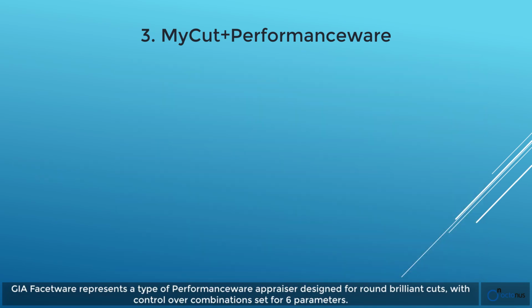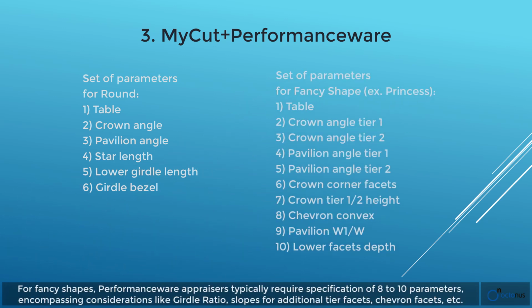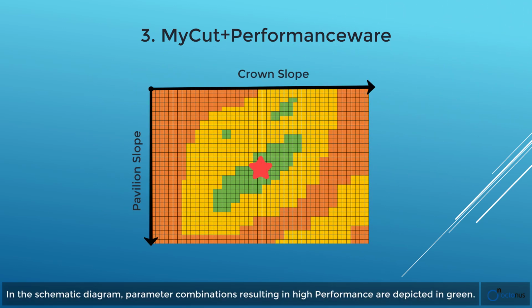GIA Facetware represents a type of Performanceware appraiser designed for round brilliant cuts, with control over combinations set for 6 parameters. For fancy shapes, Performanceware appraisers typically require specification of 8 to 10 parameters, encompassing considerations like girdle ratio, slopes for additional tier facets, chevron facets, etc.